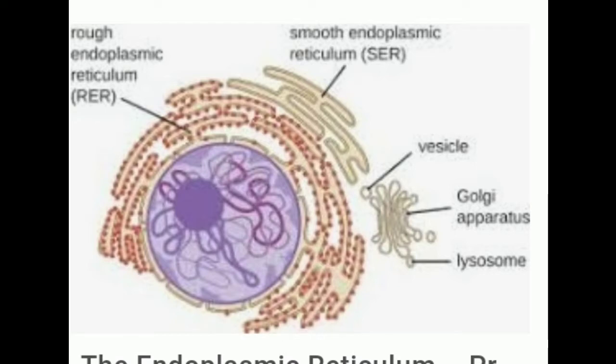Okay. Now when proteins are synthesized, it transports these proteins to their destinations. So this endoplasmic reticulum performs many functions. First, to give support to the cell. It is a framework of the cell.